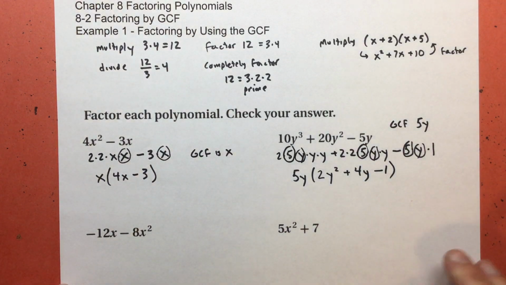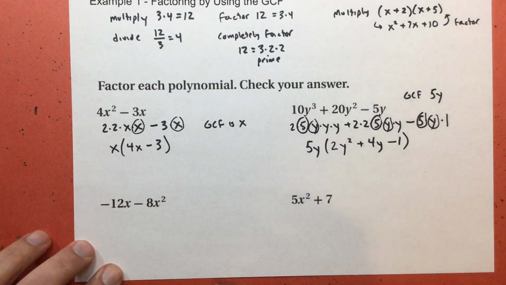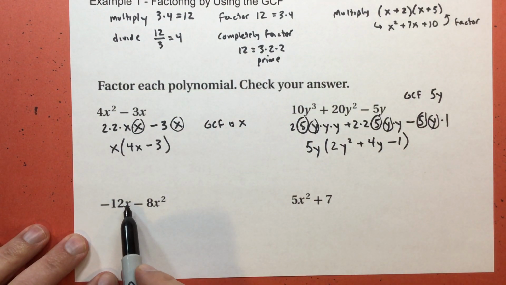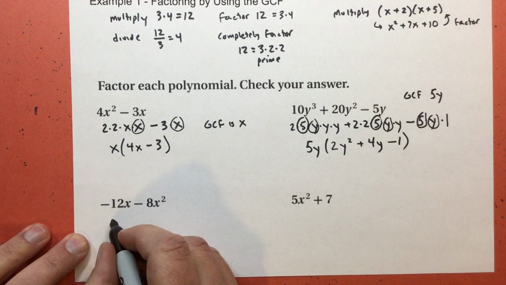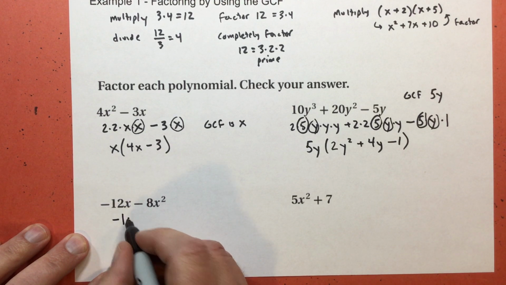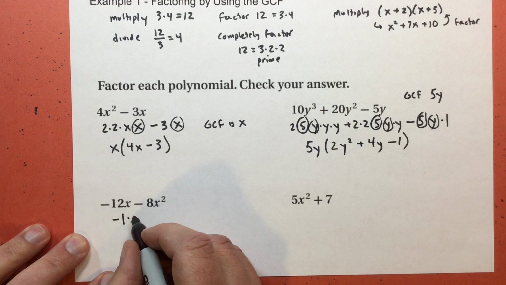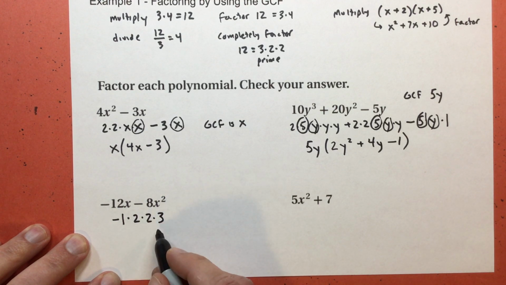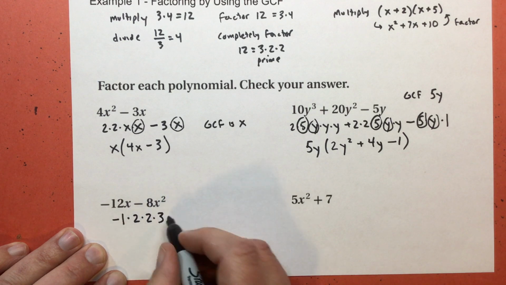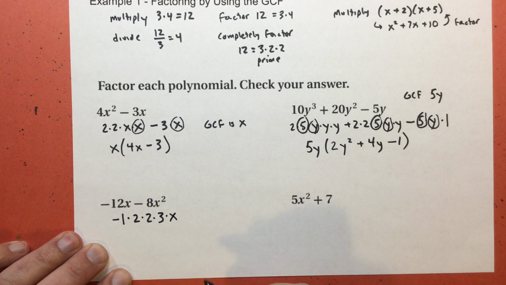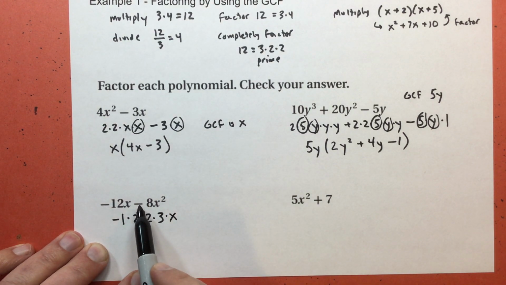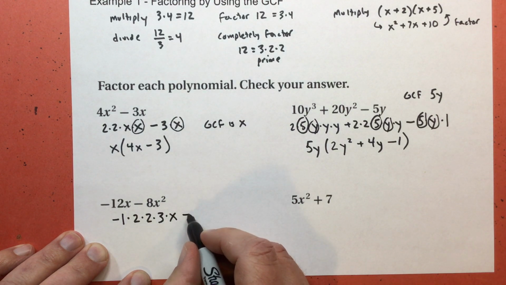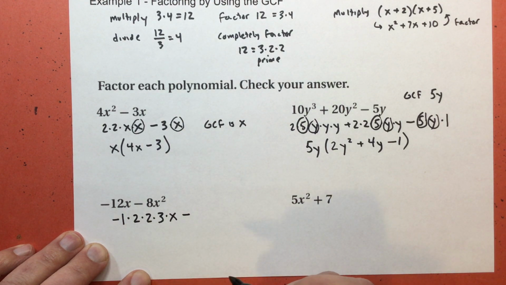All right, let's look at this one. I'll move it up so you can see it. Negative 12x. So the negative is that negative 1 we were just talking about. 12 is 2 times 6, which is 2 times 3, all primes. And then, of course, I have an x. Here's that negative again. And I said it's gonna cause some problems later.